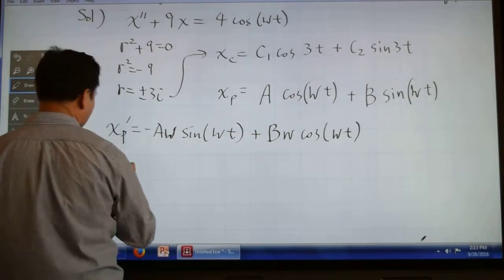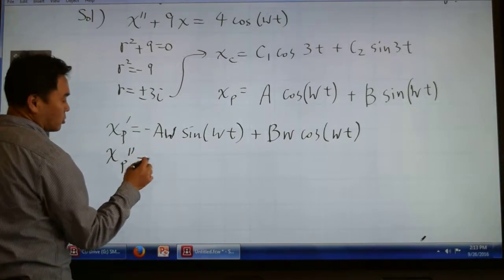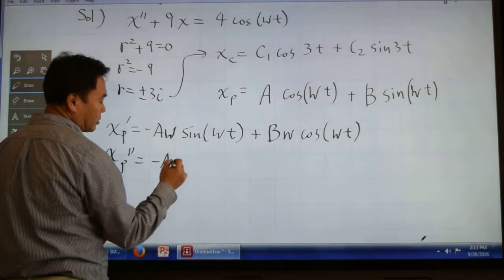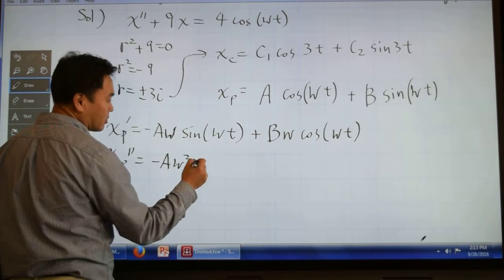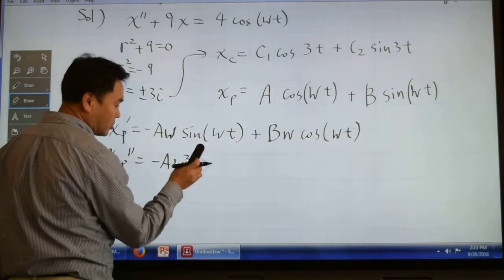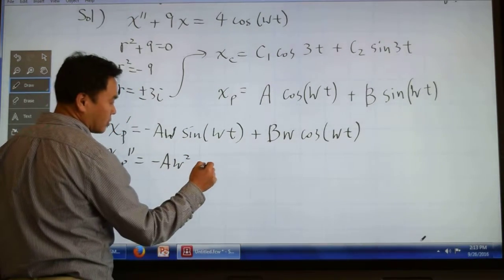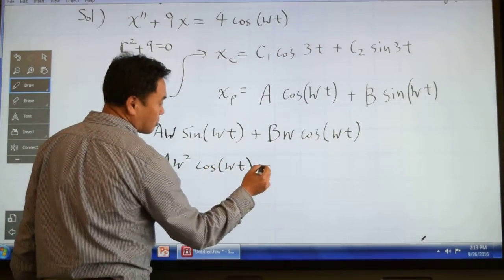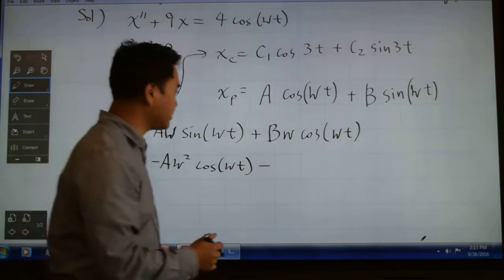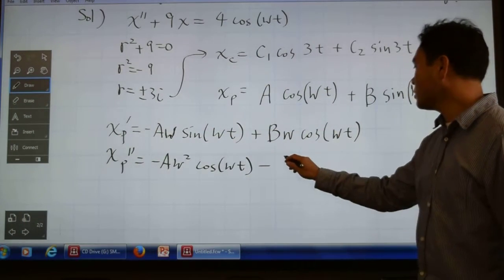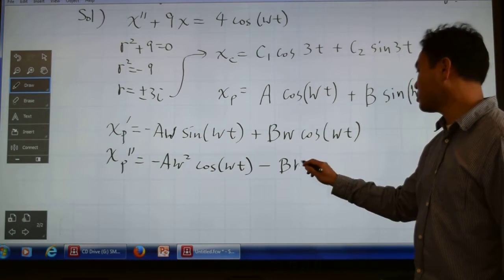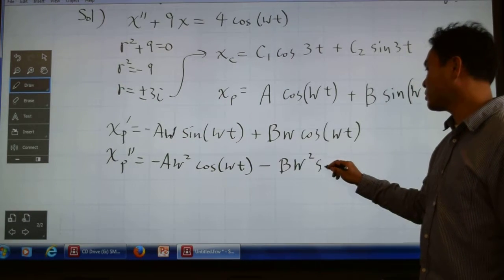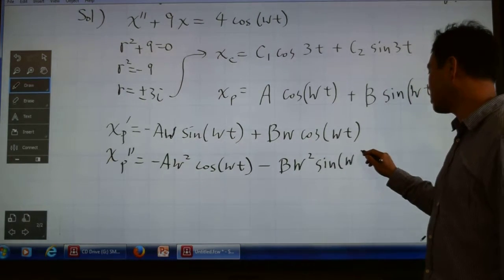Differentiating one more time gives you negative Aw squared cosine wt minus Bw squared sine wt.